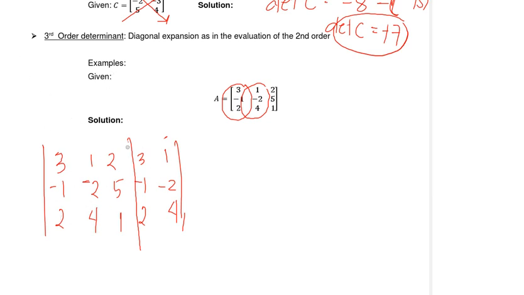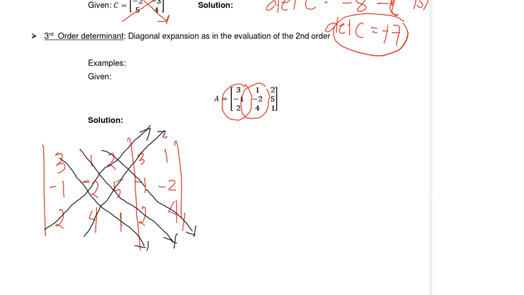So ito yung unang diagonal natin. So yan yung magiging downward diagonal natin. So kukunin natin yung summation ng product ng tatlong downward diagonal natin, i-minus natin yung summation ng product nung ating upward. So ito yung upward diagonals natin. So we have to minus the sum of the product of our upward diagonals.